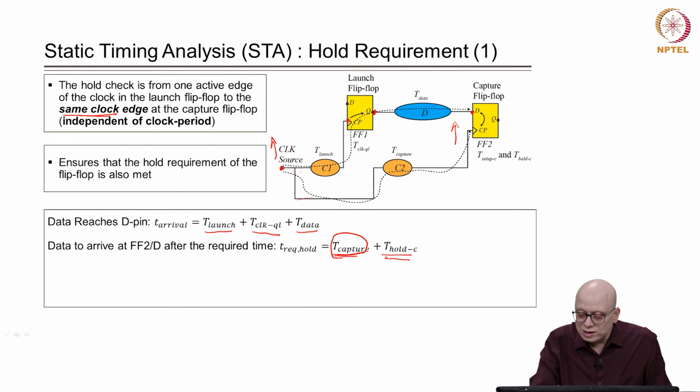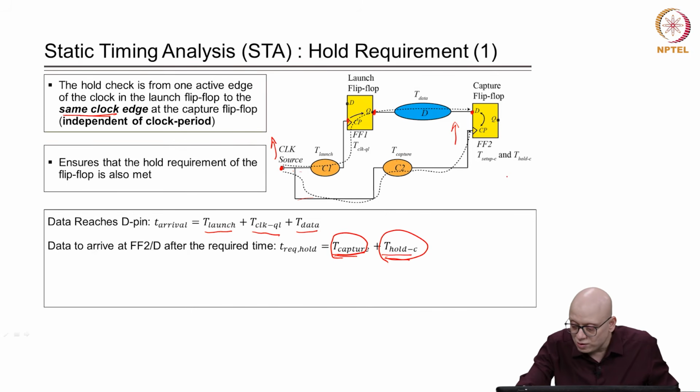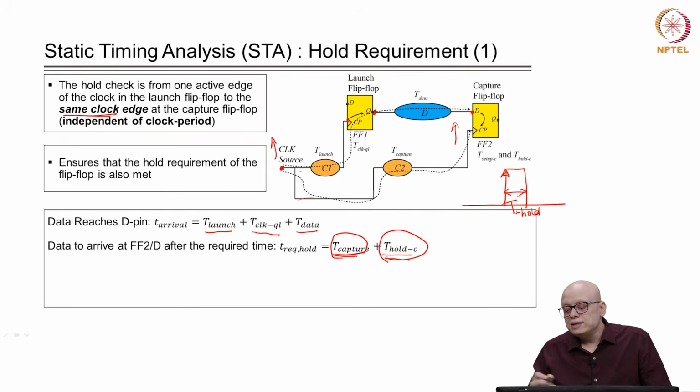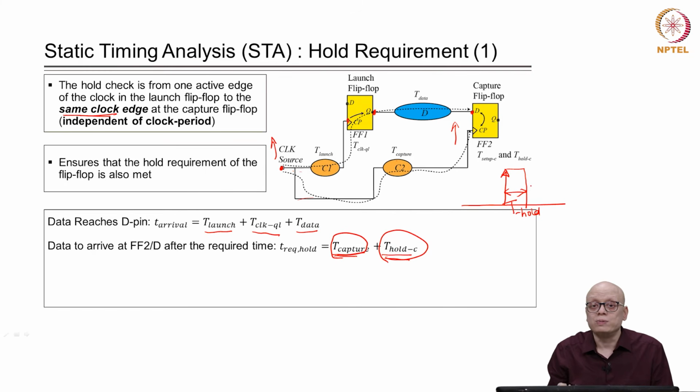Now, how does the second term, T hold C, come? We have seen that if there is a flip flop, there is a forbidden window. After the clock edge, there is a time T hold for which the data should not change at the D pin.